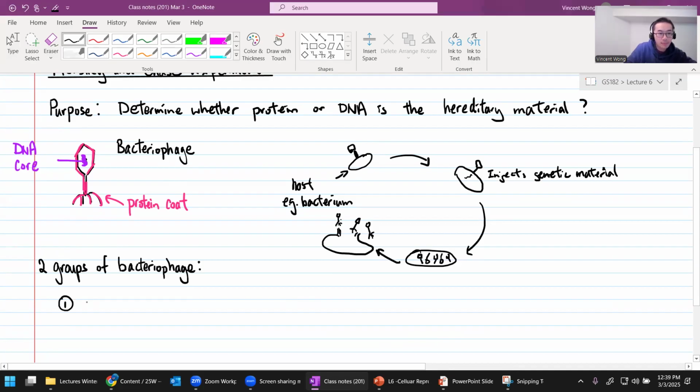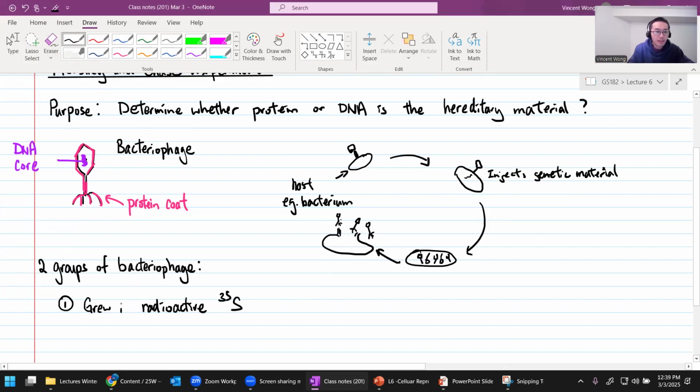Group number one, they grew in radioactive sulfur. If you remember from your chemistry class, sulfur has a mass number of 32, but these are radioactive sulfur, so they are sulfur 35.